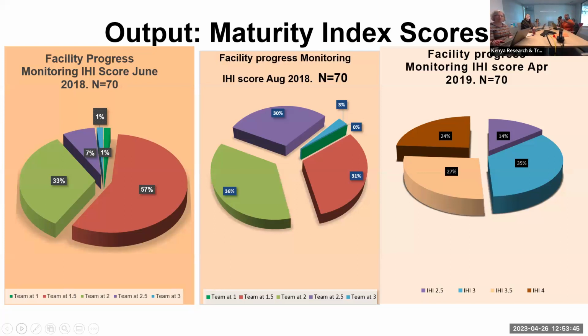Over time, from June 2018 through April 2019, we saw teams getting increasingly higher scores, just to reassure that when teams are functional, they're able to sustain the momentum and the gains that they would have gotten over the period of time.